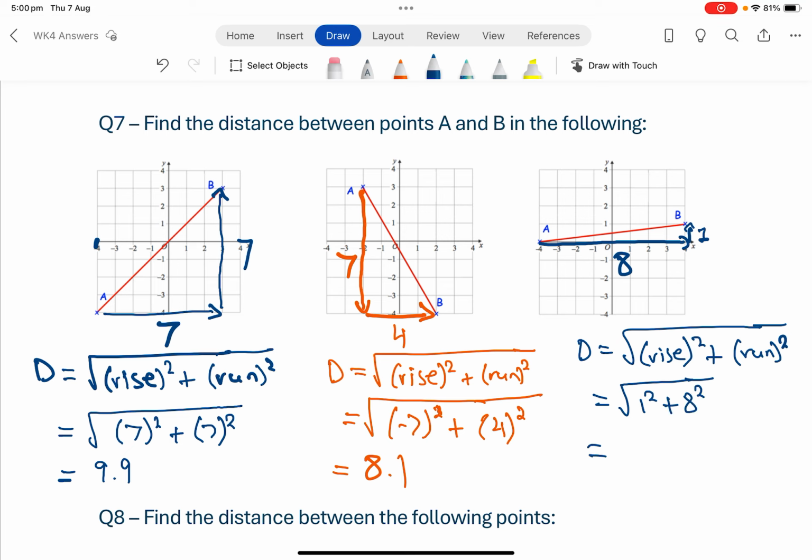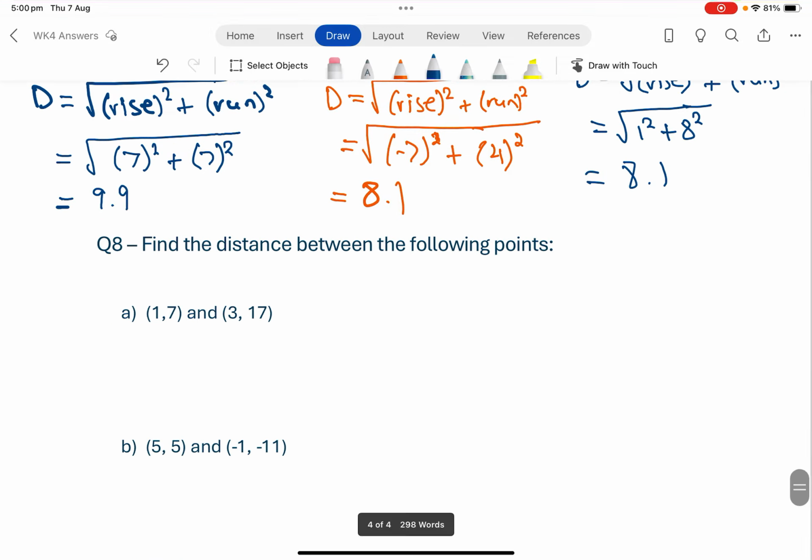I'm going to calculate that one. I did forget to put the brackets on this time. That is okay with this question, but please, guys, do use the brackets. And I was rounding to 1 decimal with the other questions, so let's round to 1 decimal again. Okay. Cool. All right.